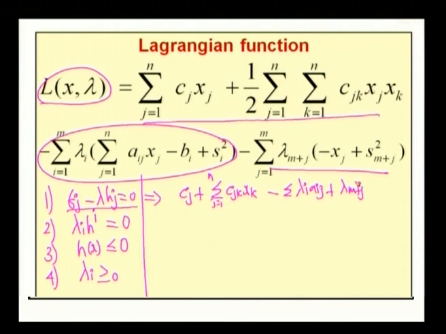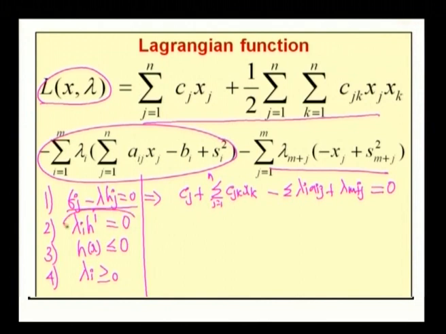So, for the given Lagrangian function, the partial derivative with respect to xj gives cj plus summation cjk xk minus summation lambda i aij plus lambda m plus j. We take this equation and equate it to 0.